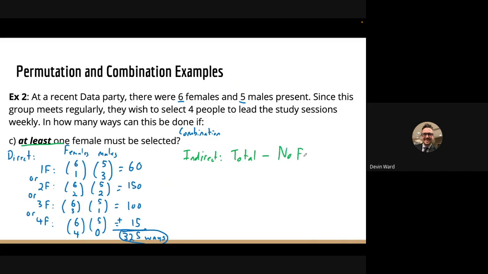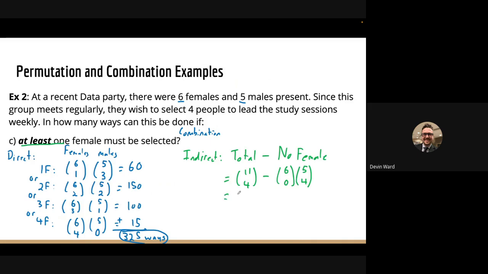Since we're looking for at least 1 female in the committee, if we have no females and we subtract that from the total, what's left must be when we have at least 1 female in the committee. Remember, we just did the total in part A. We have 11 choose 4, because there's 11 people and we're choosing 4 for the committee. And then here, we'd have 6 females, but we're not choosing any of them, times 5 males, and this time we're going to pick all 4 from the males.